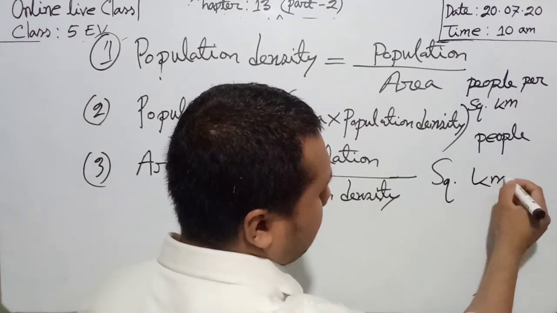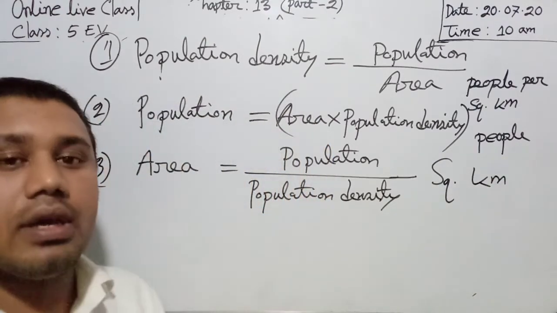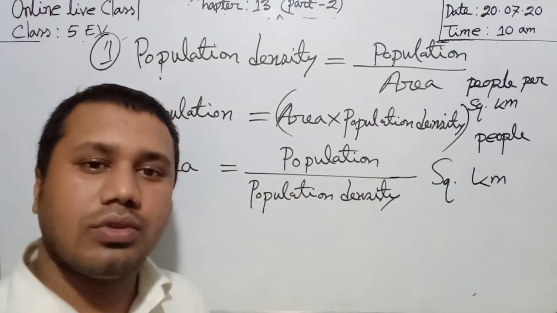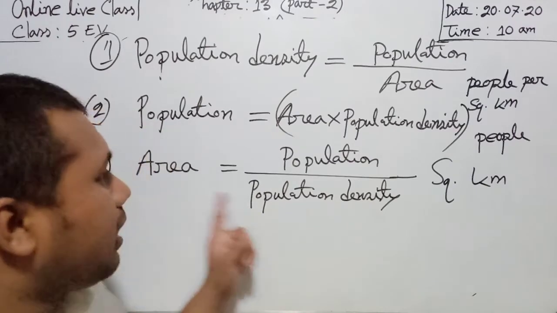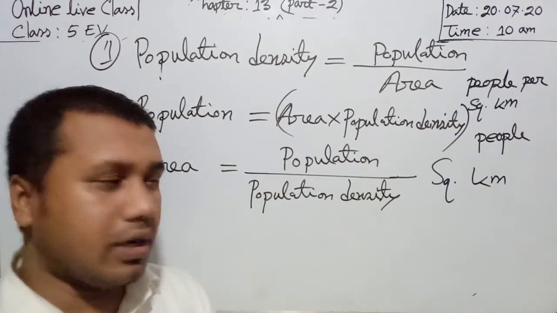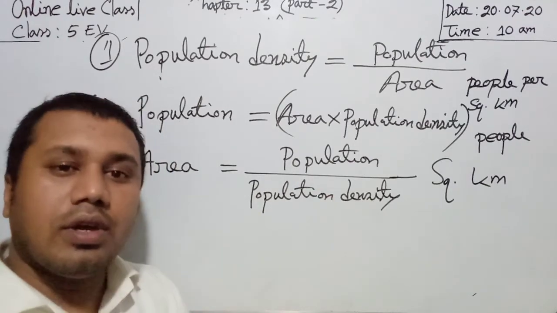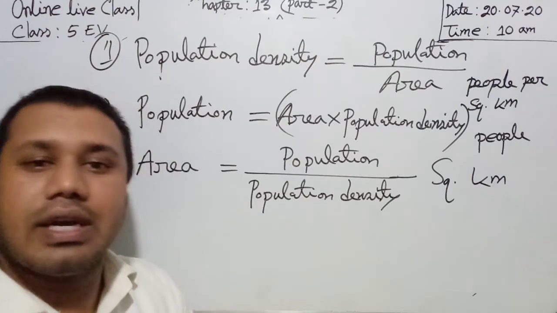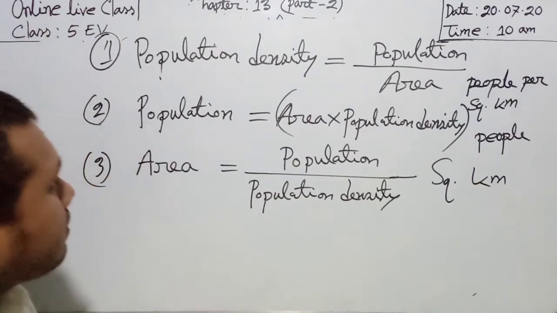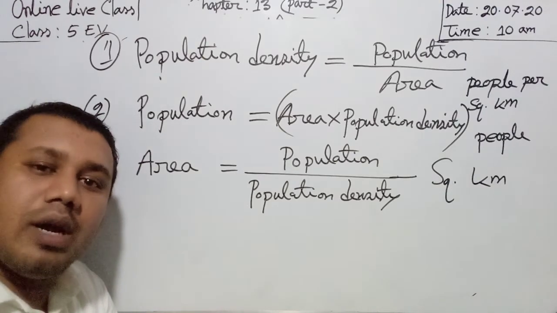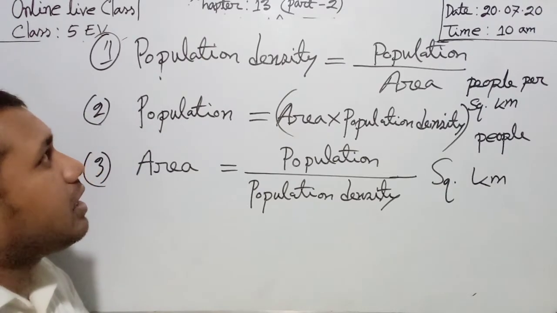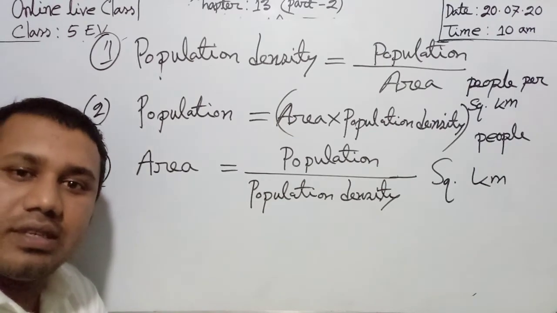When the measurement is huge, then we can use kilometer rather than meter or centimeter. Clear? So if we divide population by population density, then you will get the area. So these are 3 formulas. By using these 3 formulas, you will be able to solve any maths about population density.